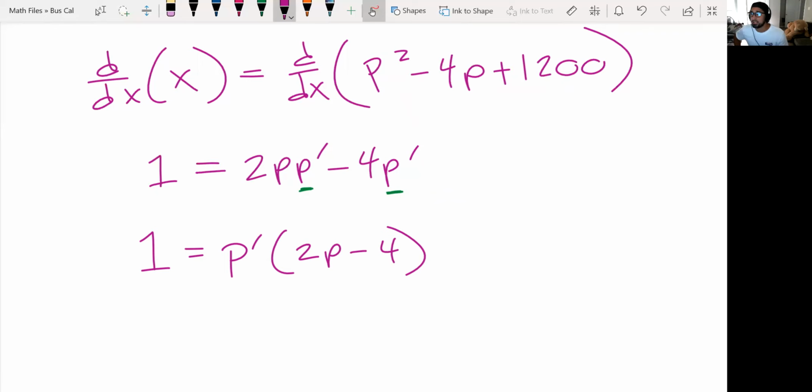So the best thing to do is just get p prime, any prime, by itself. Don't even worry about factoring a number with it. Just get the prime by itself. So we factor out p prime, and we have p prime times 2p minus 4. And all we have to do is divide by 2p minus 4.